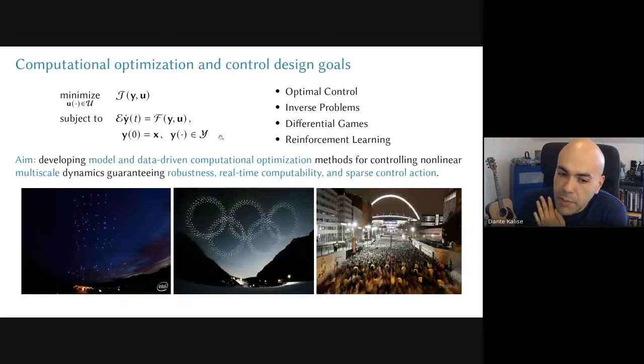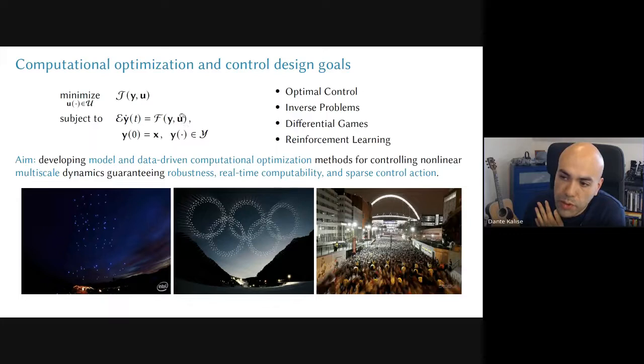My departure point is always a nonlinear evolution equation, an abstract evolution equation: y dot equals f of y, u, with some initial condition. What makes this problem more interesting or more complex than a dynamical system problem is the presence of a control variable u.